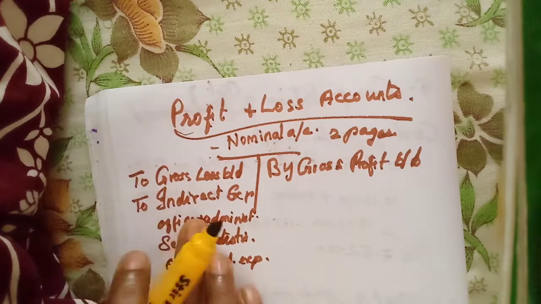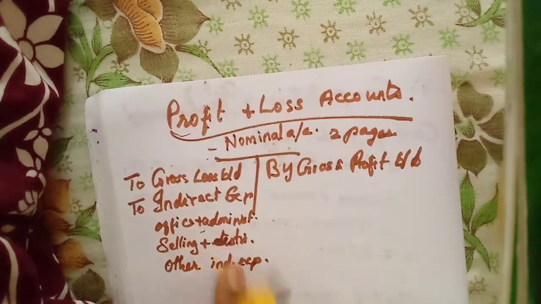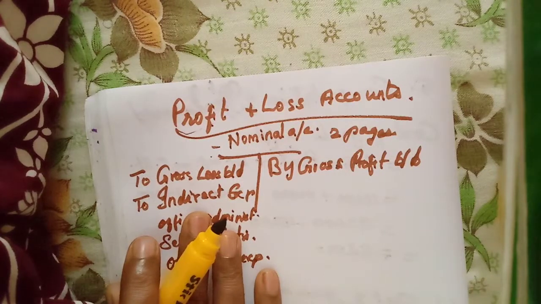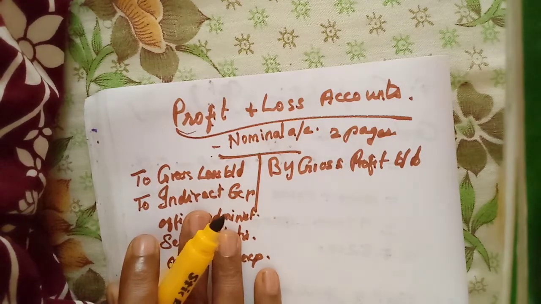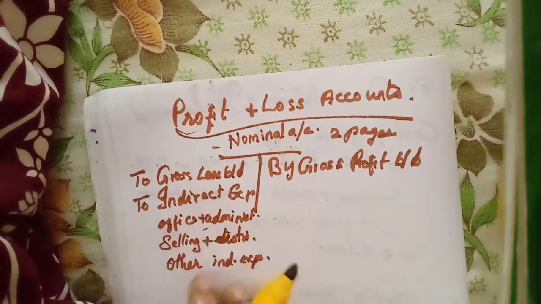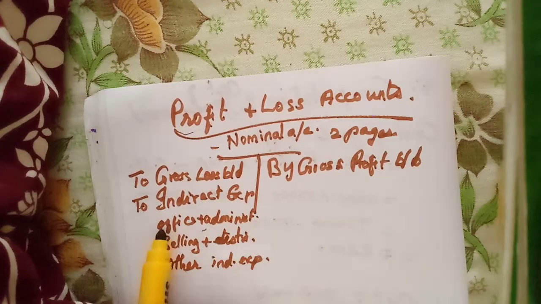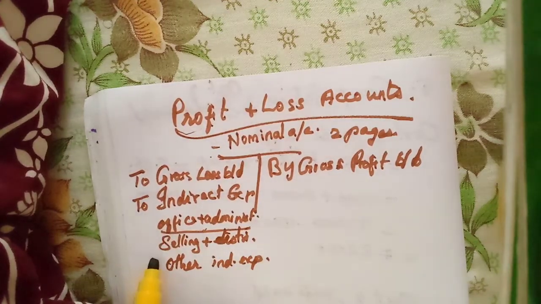Then any audit fees, any legal charges, any office equipment repairs we have done, or depreciation on the office equipment. So all these will be considered as office and administrative expenses.